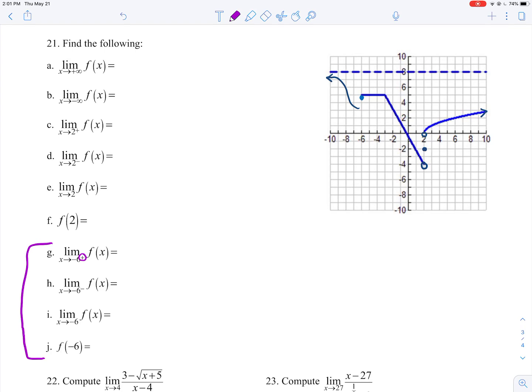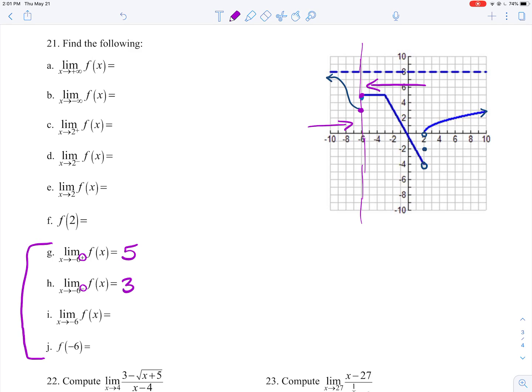And so if we look at our graph, this is where -6 is on our graph. If we're approaching from the right, it's going to be at the value of 5. And when we're approaching -6 from the left, which is what this little negative is telling us, it's at +3.